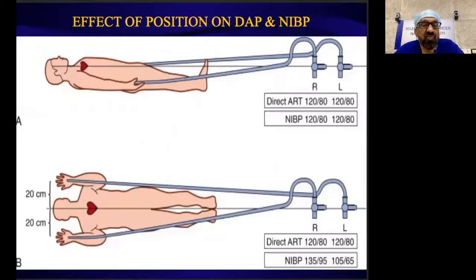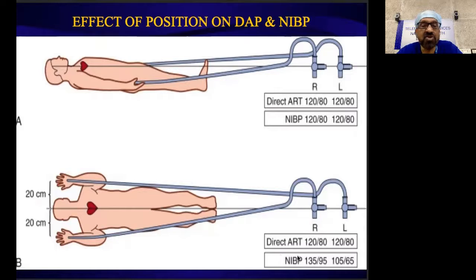Coming to the influence of position, if the patient or the individual is supine, the direct arterial blood pressure and the NIBP, that is the non-invasive blood pressure measurement, are identical. But in lateral decubitus position, the NIBP recorded in the non-dependent hand is much less as compared to the dependent hand because of the effects of gravity.